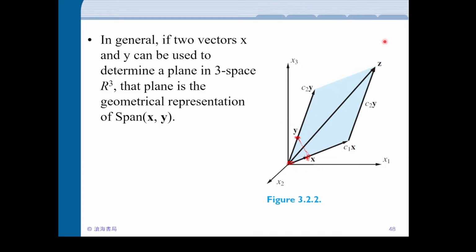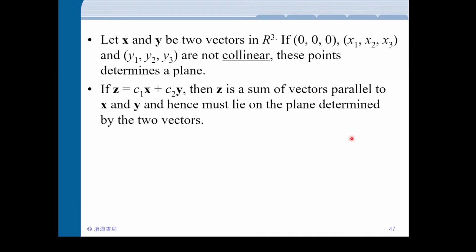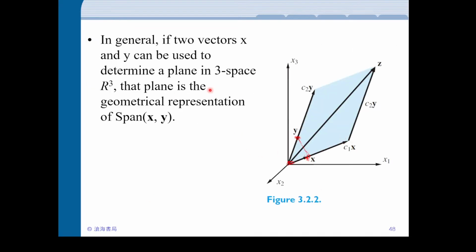So here is a geometric interpretation and proof that the span of x and y is just the plane where both the x vector and the y vector are. So the span of x and y, when x and y are not collinear, is a plane in R3. Okay, any questions? Let's keep going.